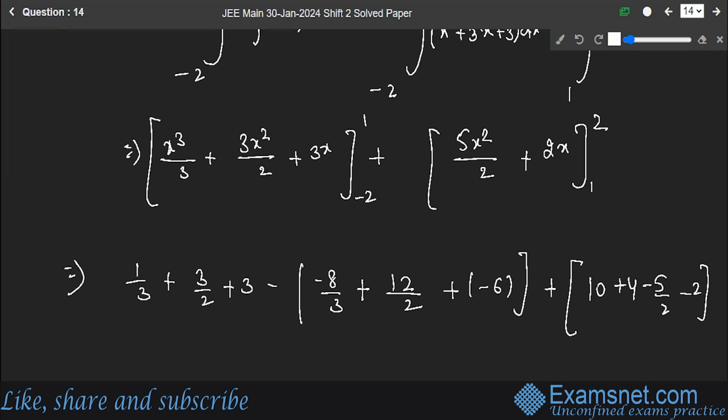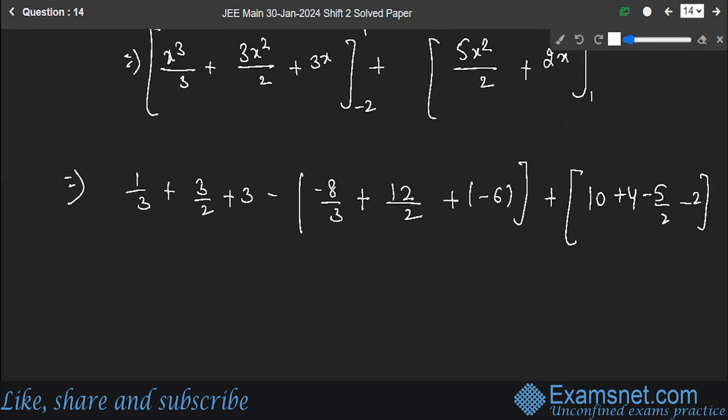Wait, let me check once. This will be -8 by 3. Yes, everything is fine. So let's solve it. This will be 1 by 3 plus 8 by 3, plus 3 by 2 plus 12 by 2, plus 3. This was supposed to be minus 3 by 2.